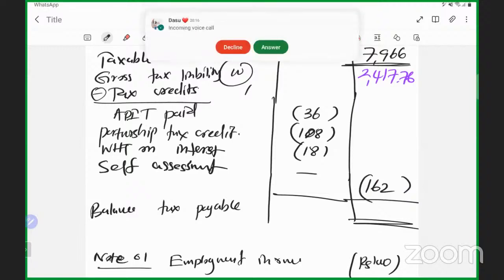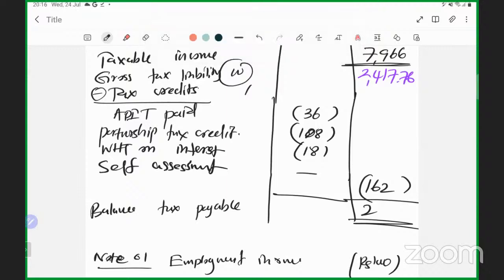minus this tax credit. You know that value is 2 million. How much? 255.76, right. That is the answer.